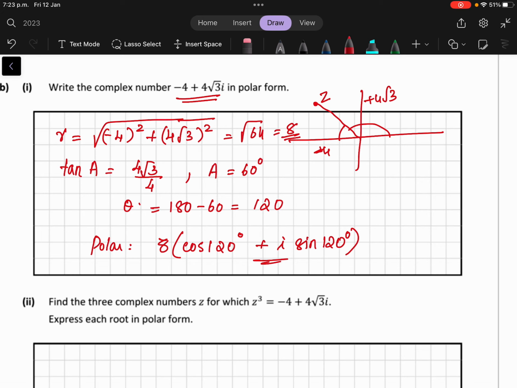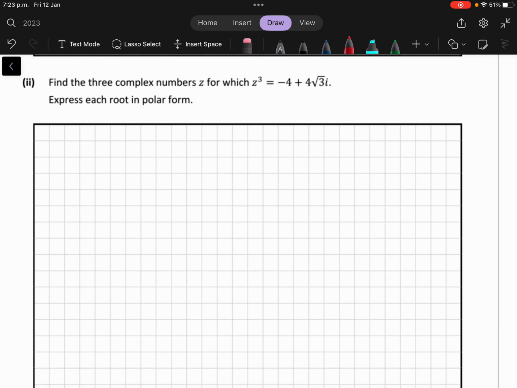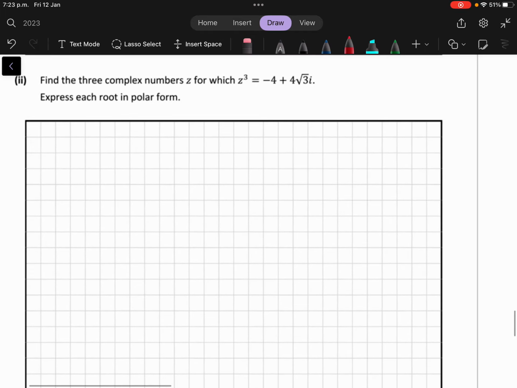Now the next question is: find 3 complex numbers for which z cube is equal to minus 4 plus 4 root 3i. Express each root in the polar form. What is the idea behind this? We know that it is in the polar form.